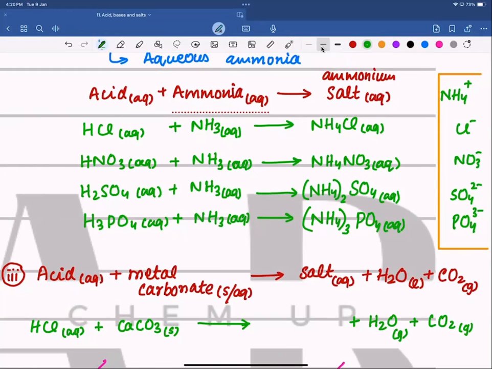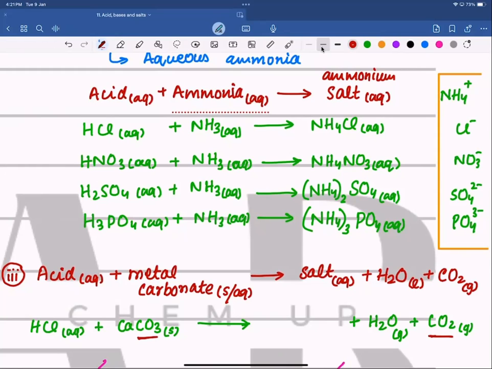Okay. Now you have to identify how we will make the salt. But first you have to identify how carbon dioxide and water are being made. This carbonate turns into carbon dioxide, leaving behind oxygen, because carbonate has 3 atoms of oxygen and carbon dioxide has 2 atoms of oxygen, right?